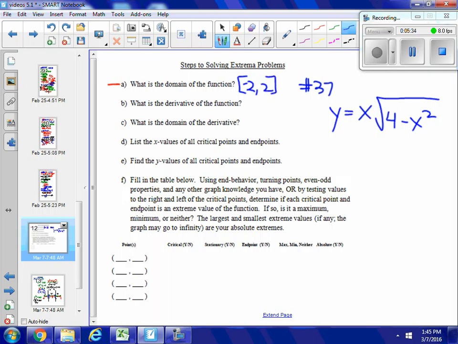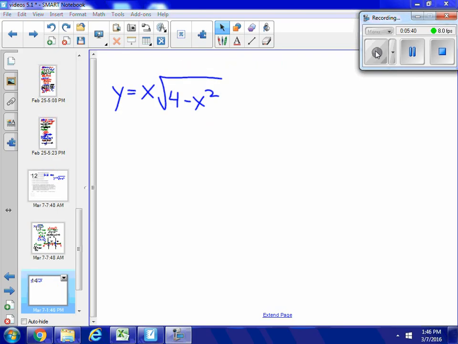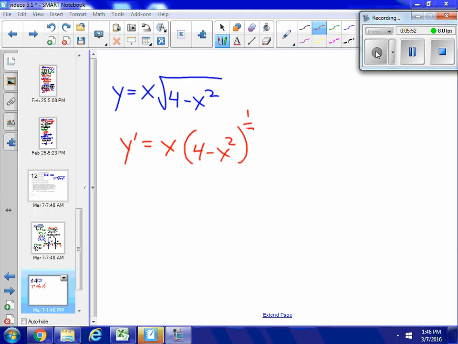Inclusive. Inclusive is fine. Now I need to find the derivative of the function. So here's my function, and first I'm going to rewrite it. y is equal to x times (4 minus x squared) to the 1/2 power. I realize that I have a product here.